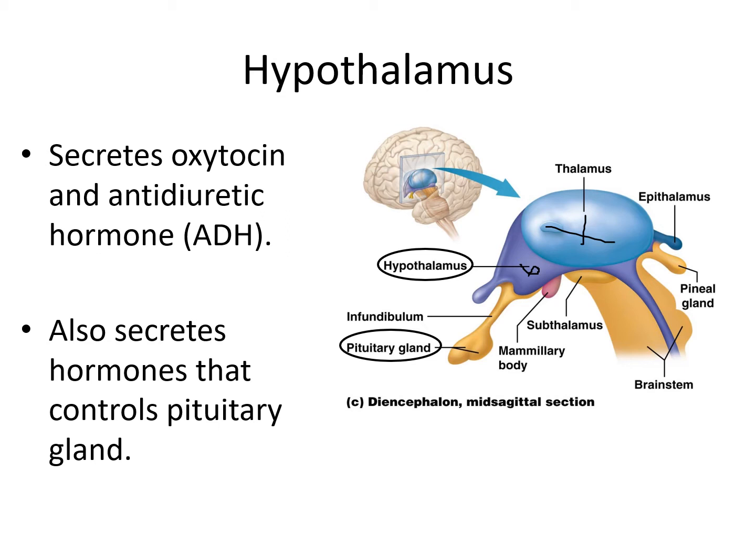And you can see the pituitary gland is connected to the hypothalamus by a little structure called the infundibulum. And here's the pituitary gland. So the hypothalamus actually is controlling the pituitary gland.